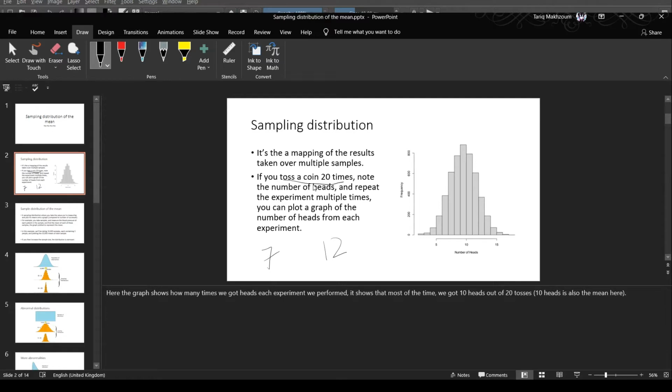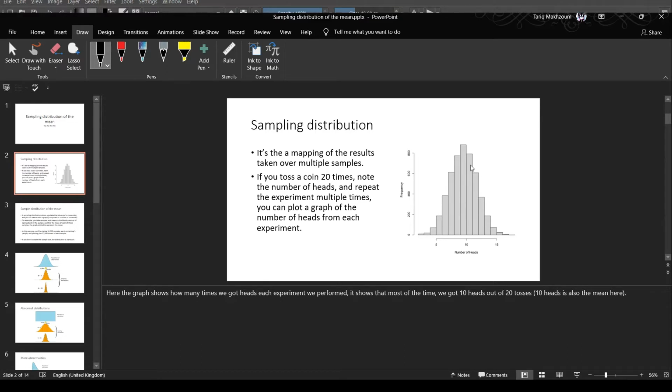Now let's say you did this experiment of 20 coin tosses 10,000 times. You'll get a graph that looks a little bit like this. Now, this graph shows you how many times we got heads from 20 coin tosses.